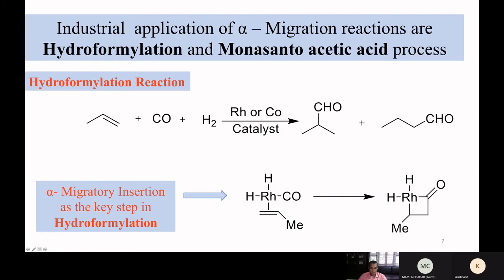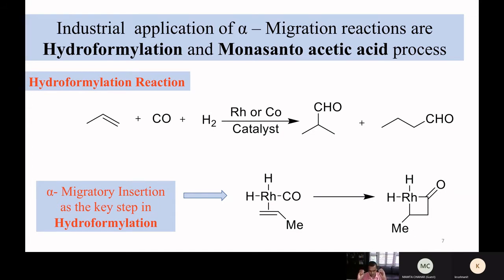Now this propene is reacted with CO plus hydrogen, carbon monoxide gas and hydrogen gas. It's a high pressure reactor.